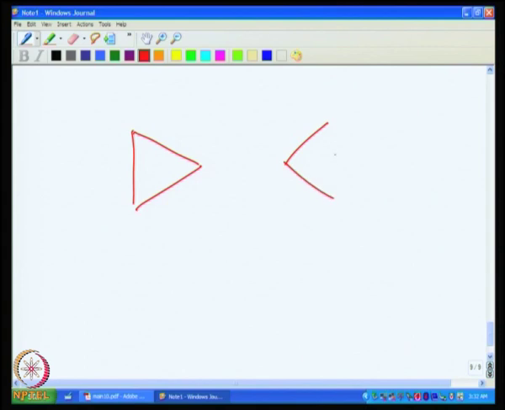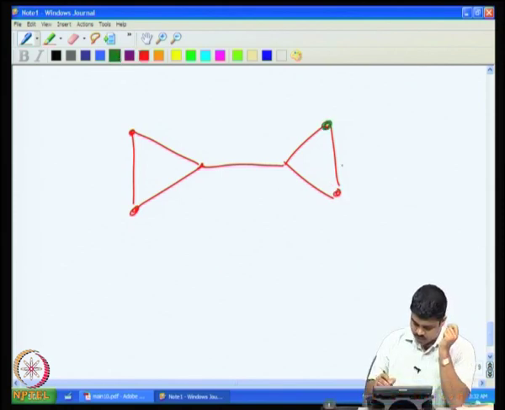Here this can be A, this can be B, this is A and this is B. Now an AB path can be like this, because it starts off from here and reaches here.